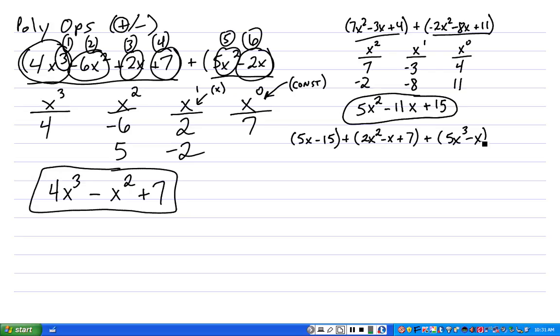Alright, so this time we're adding 3 polynomials. So we have 1, 2, 3 polynomials being added in this case.